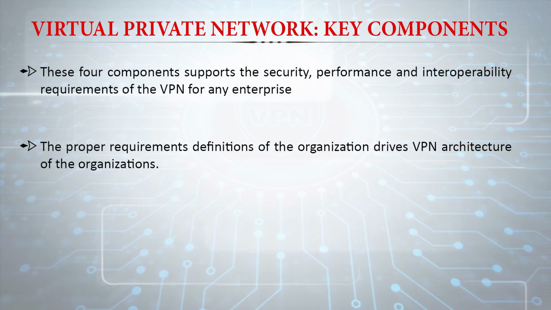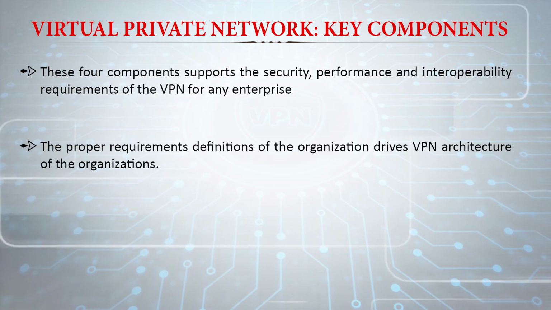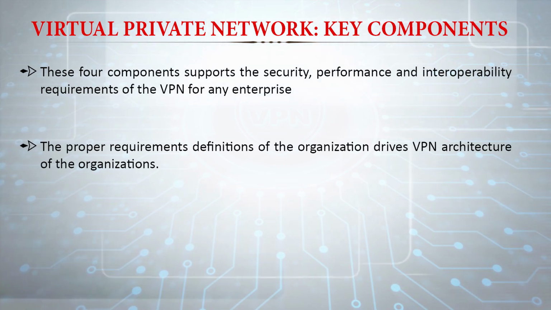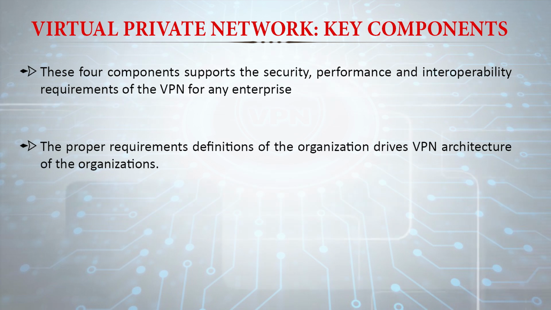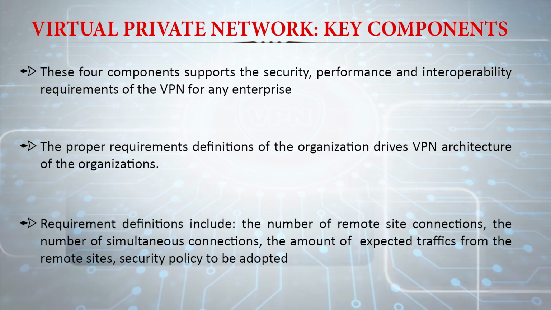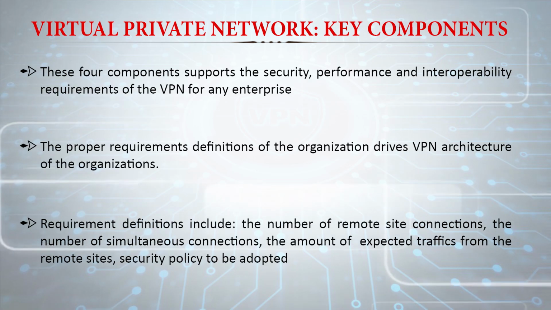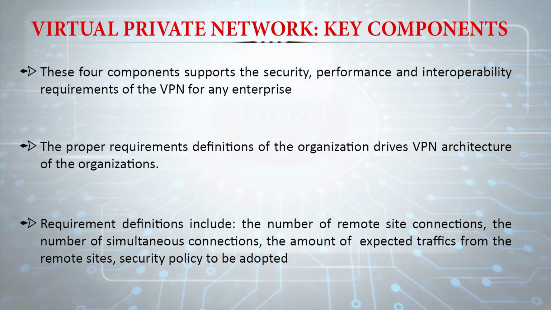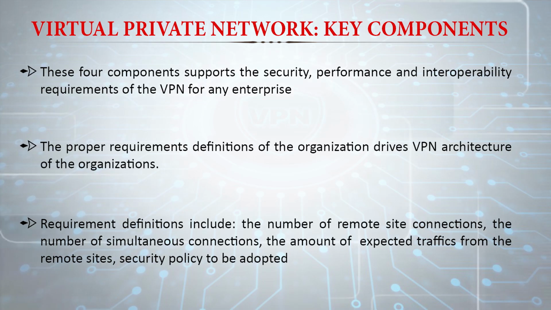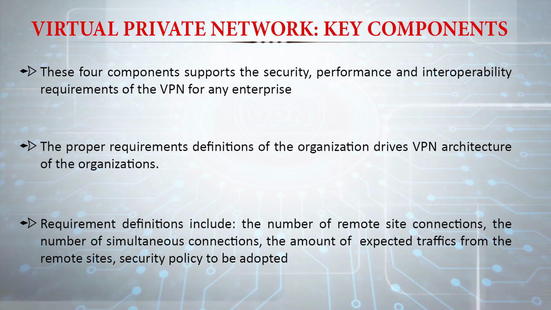The proper requirement definitions of the organization drive the VPN architecture. Requirement definitions include the number of remote site connections, the number of simultaneous connections, the amount of expected traffic from the remote sites, and the security policy to be adopted.